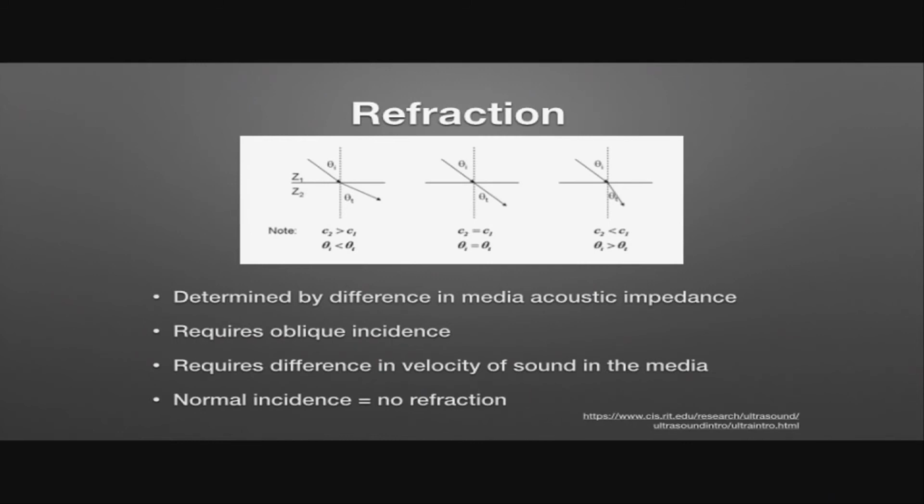If the propagation speed is exactly the same in the second media compared to the first media, the incident angle is the same as the transmitted angle. And finally, if the propagation speed in the second media is less than in the first media, the transmission angle is going to be less than the incident angle.